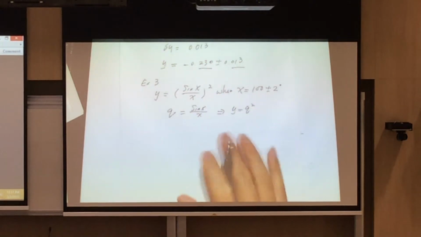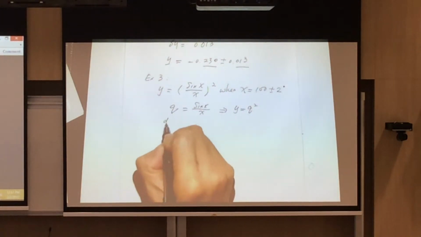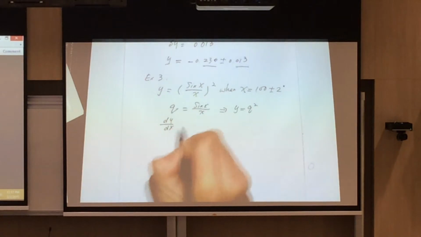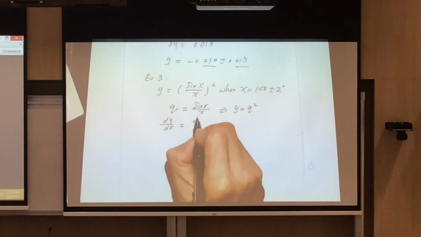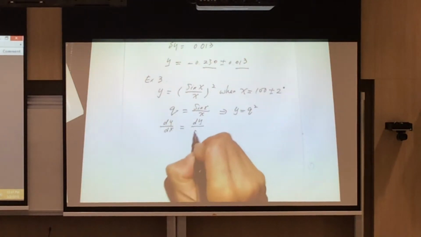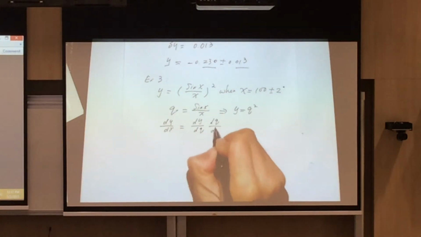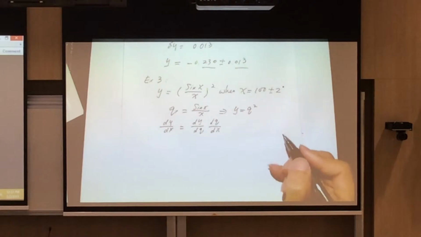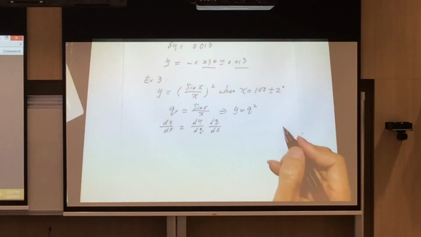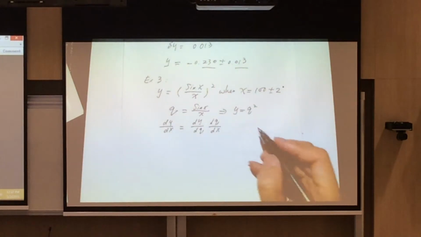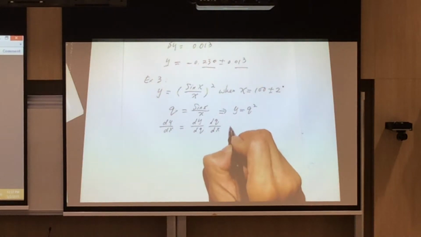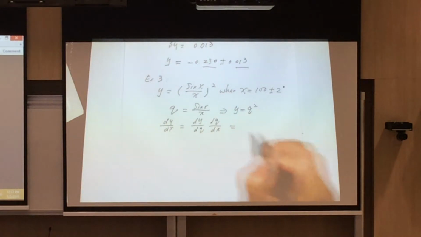So now if you want to find dy over dx, it will become dy over dq times dq over dx. Does anyone remember what rule this is? This is the chain rule, right?